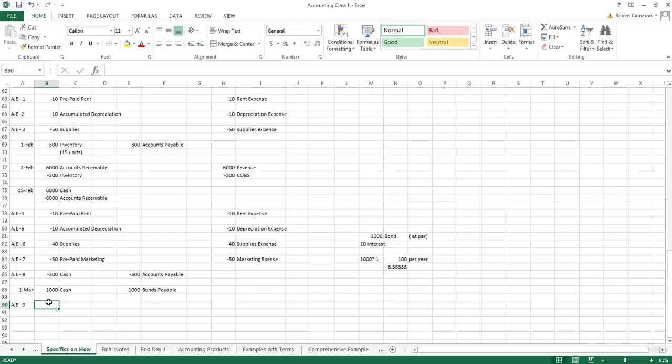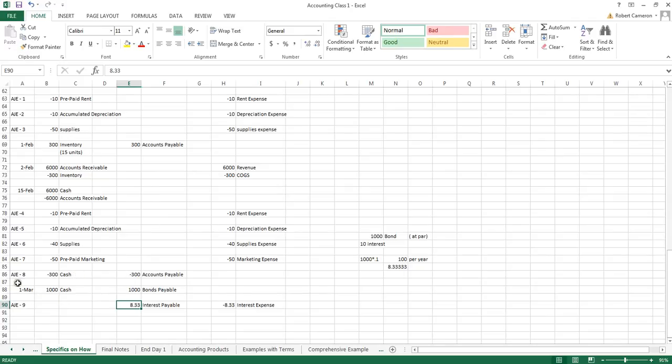So we have 8.33 in interest payable, and negative 8.33 interest expense.